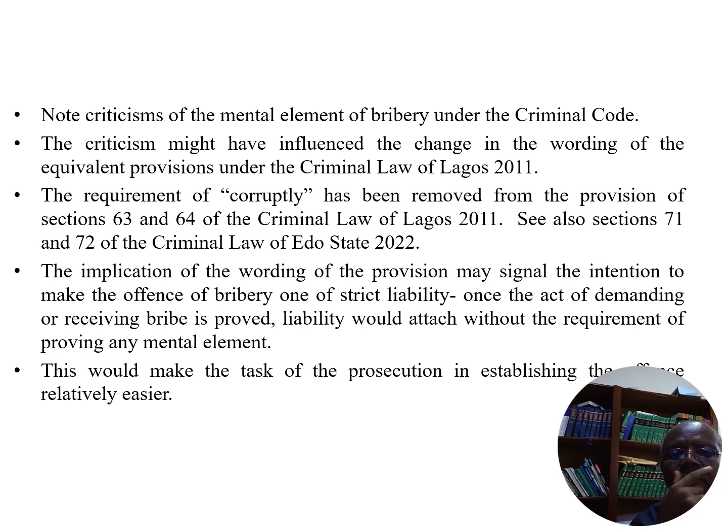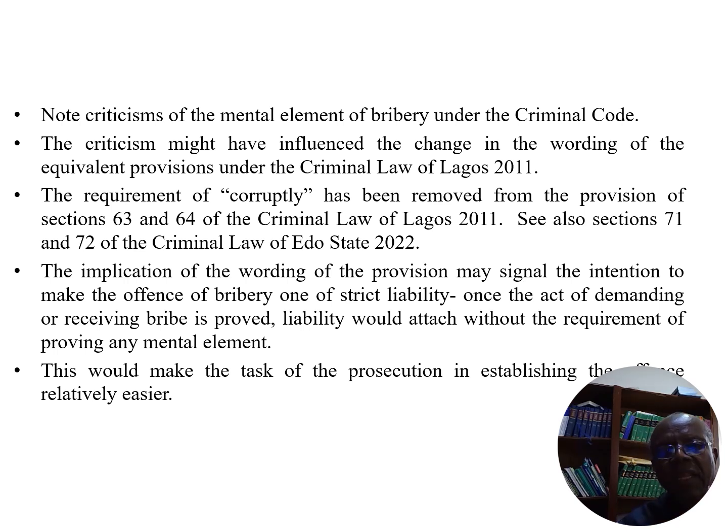Now, the implication of the wording of the provision may signal the intention to make the offense of bribery one of strict liability. Once the act of demanding or receiving bribe is proved, liability will attach without the requirement of proving any mental element.